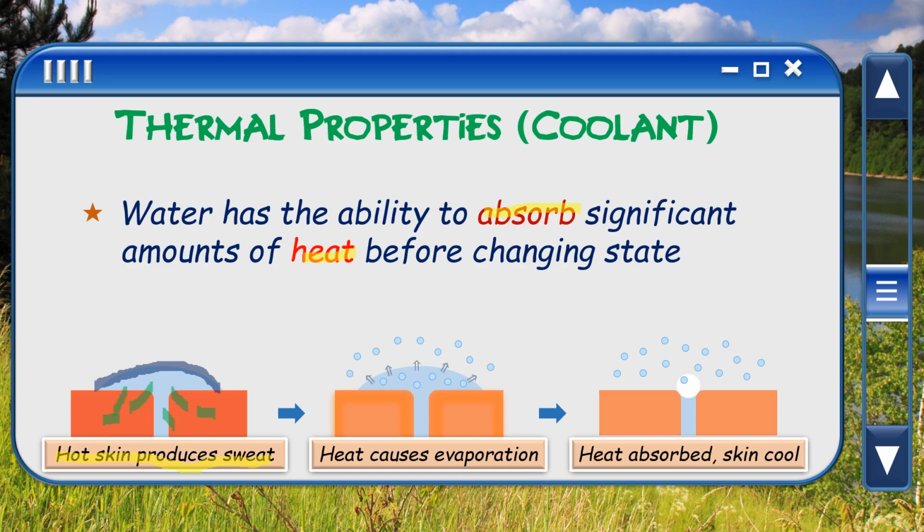Now when the heat enters the water molecules, they need a lot of heat energy to break their bonds. That means they will absorb a lot of heat from the body. After absorbing a lot of heat from the body, the hydrogen bonds between the water molecules are going to be broken. And when the hydrogen bonds are broken, the water starts escaping as vapor.